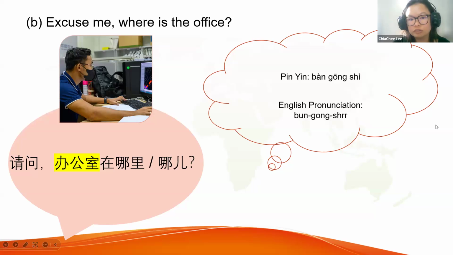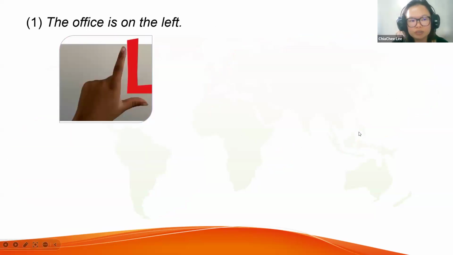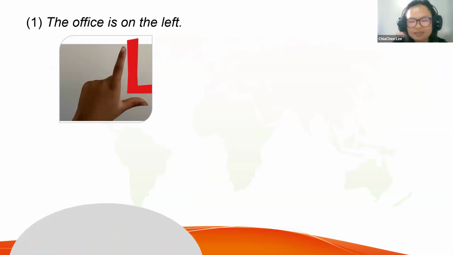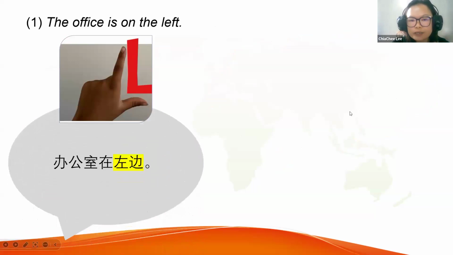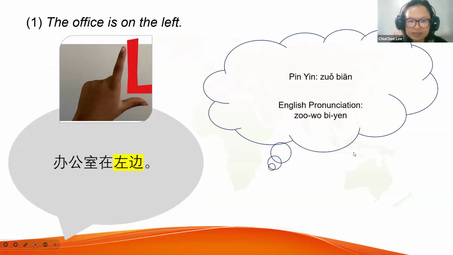We know it's 办公室 already now. When we answer, the office is on the left, 办公室在左边. 现场在左边 was for the previous question, but not now.